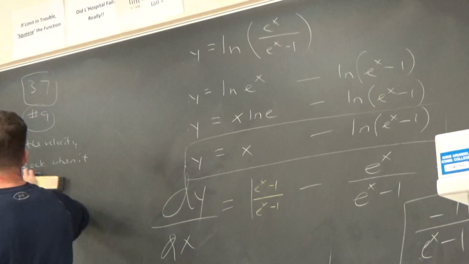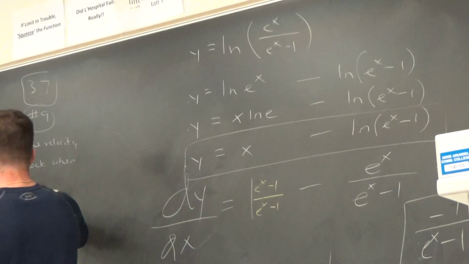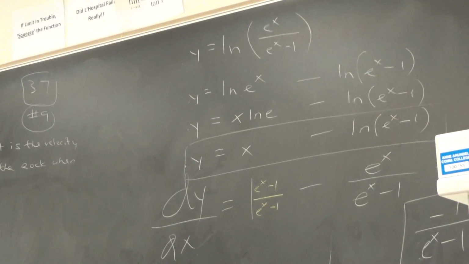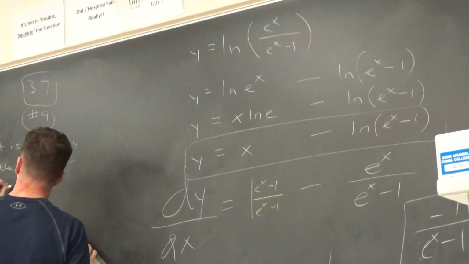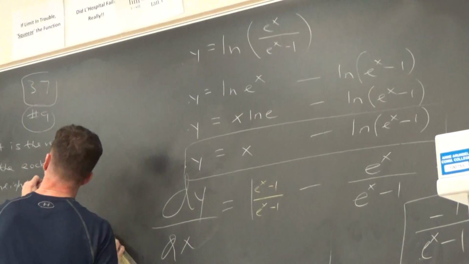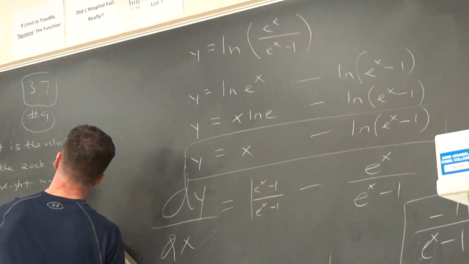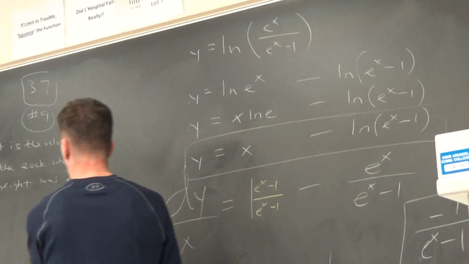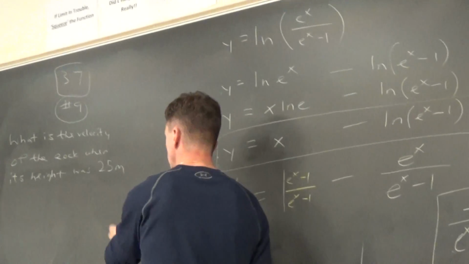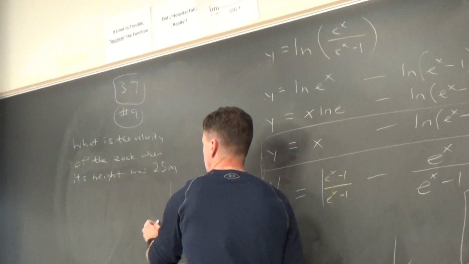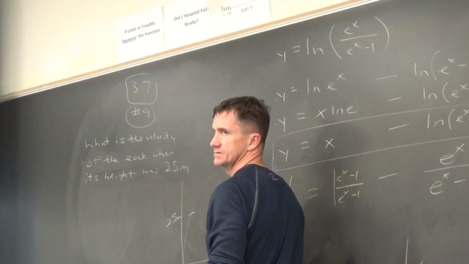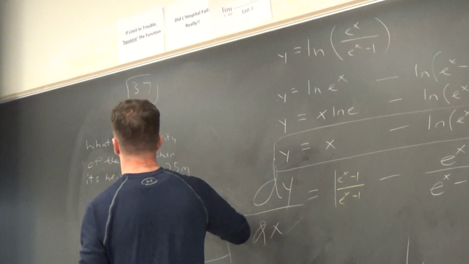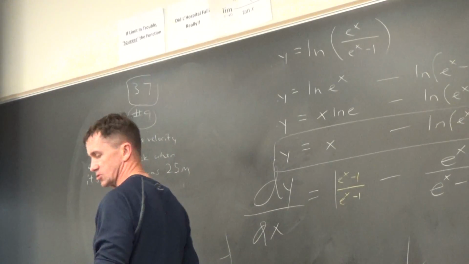I'll write that. When its height was 25 meters. Remember when someone threw a rock and it went like this? So 25 meters, how many times did it hit 25 meters? Twice. So the question asks, what is the velocity of the rock when its height was 25 meters?